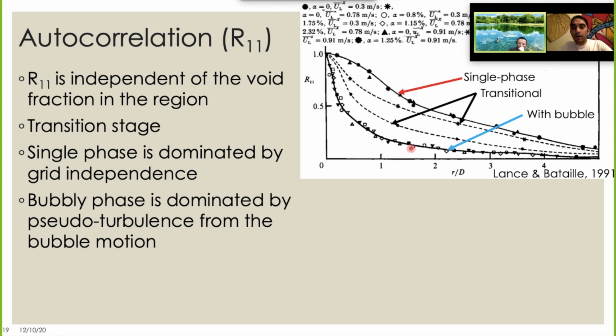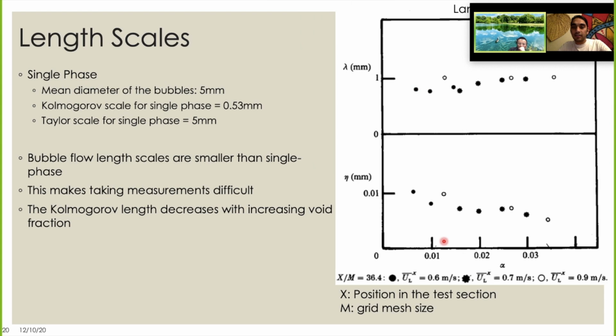Another thing that is important here is that this is done for various velocities of the fluid, and we can see that the fluid velocity does not play a role. The fluid velocity and the change in void fraction do not play a role in how the autocorrelation function looks. The only important part is whether it's a single phase or a multi-phase flow.